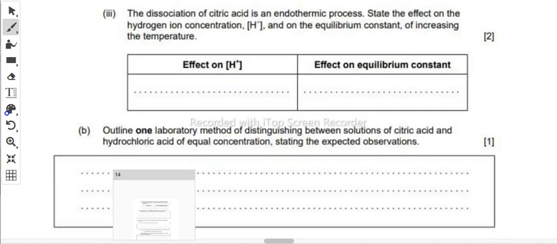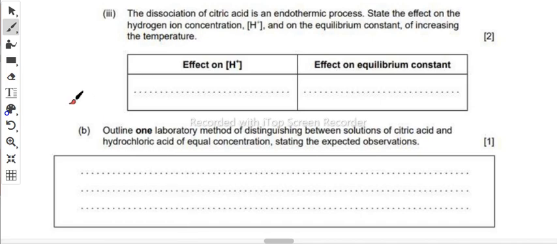Continuing with the question, the dissociation of citric acid is an endothermic process. State the effect on the hydrogen ion concentration and on the equilibrium constant of increasing the temperature.